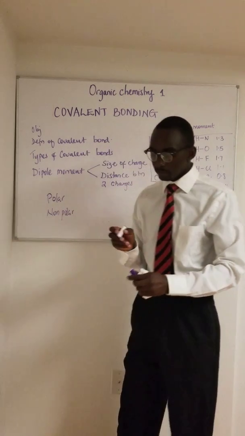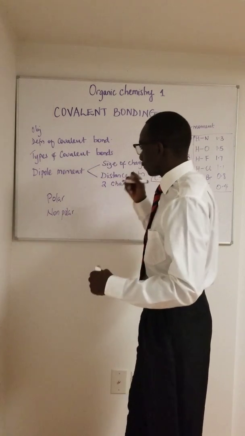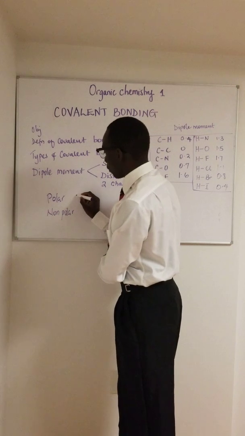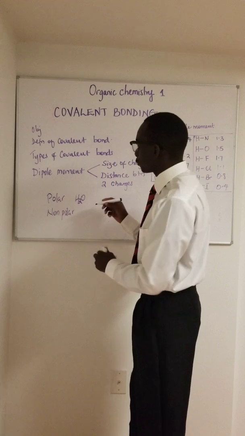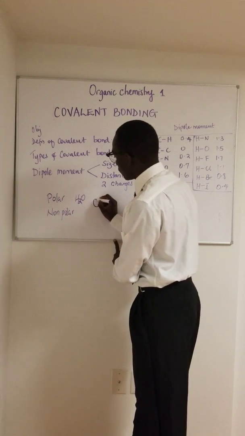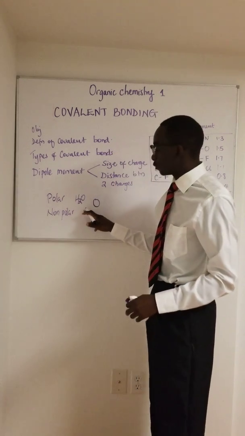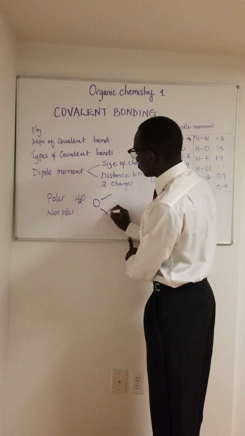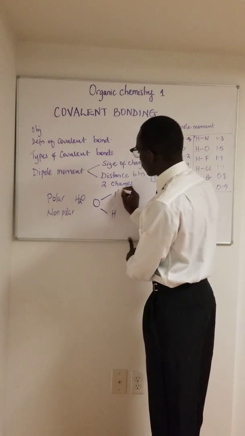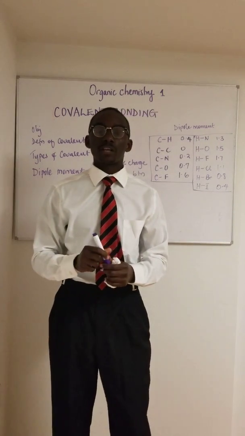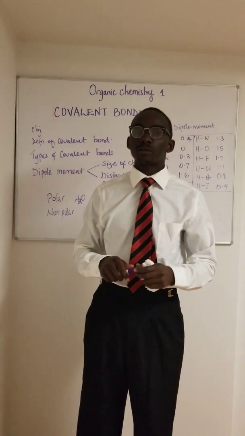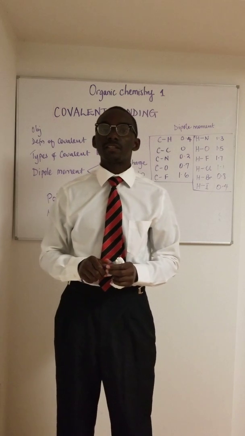So polar covalent bonds are, for example, if I give an example of water, we say that water is a polar molecule. The reason being that the oxygen in water is bonded to two hydrogens, and in one of my general chemistry 1 lectures, I talked about what we call electronegativity.